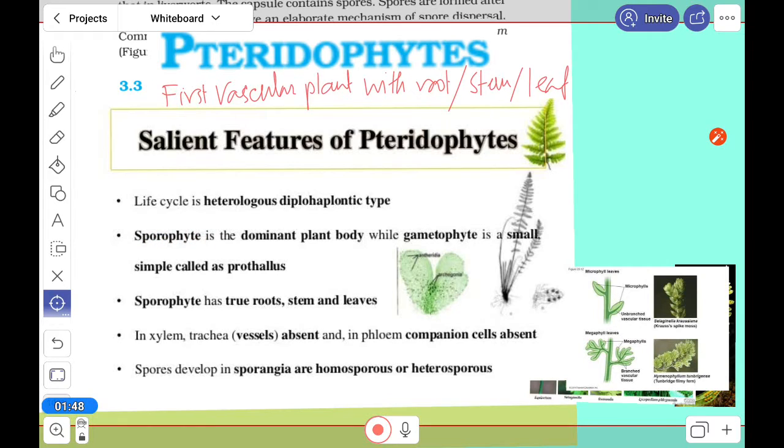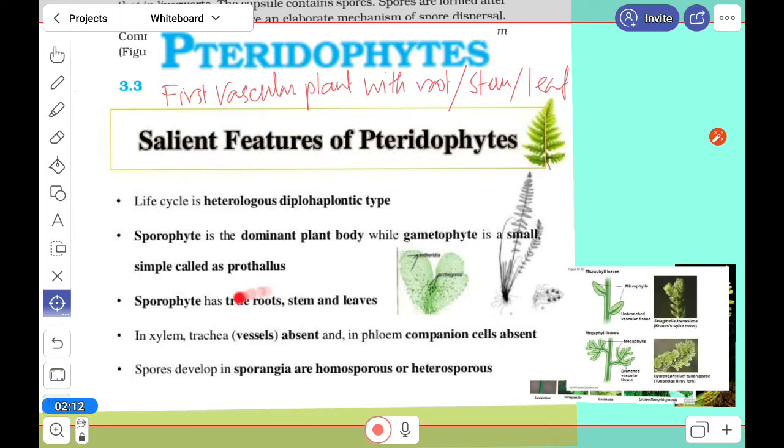Sporophyte and gametophyte are also there, just like in the previous one, bryophyte. But here it is a little bit different. The sporophyte is the dominant phase here, whereas previously the gametophyte was dominant, and the gametophyte here is small and inconspicuous.